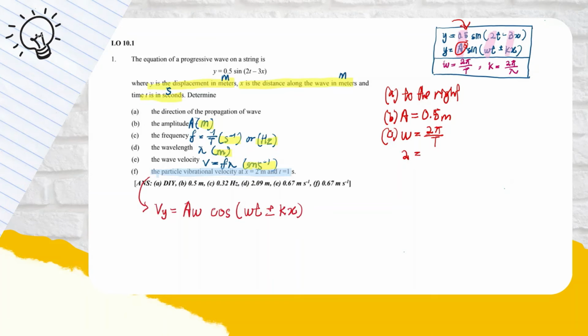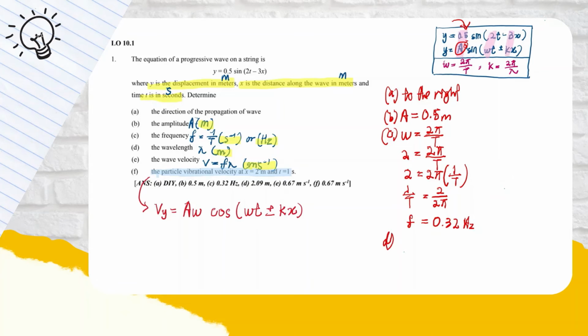So 2 is equal to 2 pi over T, so 2 is equal to 2 pi times 1 over T. So 1 over T is equal to 2 over 2 pi. So 1 over T is equal to the frequency. Using the calculator, frequency is equal to 0.32 Hertz.